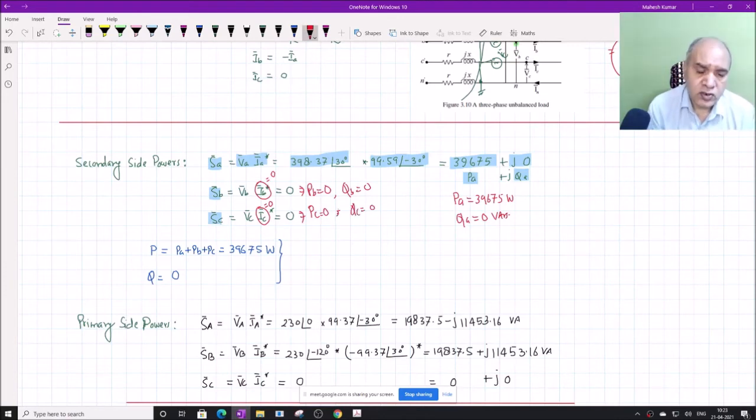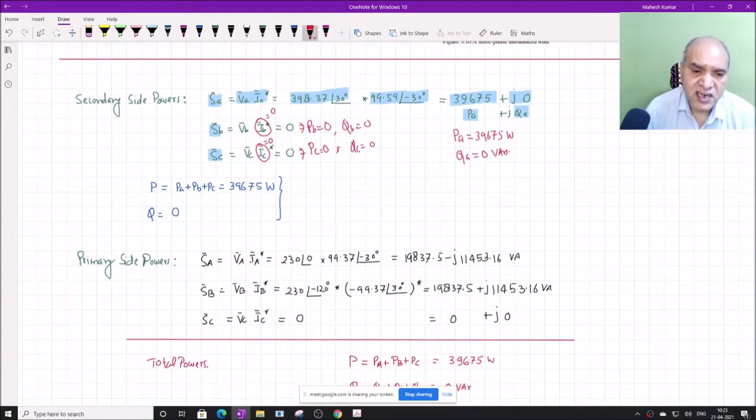Therefore, the total real power on the secondary side of the transformer will be PA plus PB plus PC, which is 39,675 watts, because the other powers are 0, so this will be the same as PA. And the net reactive power is equal to 0.